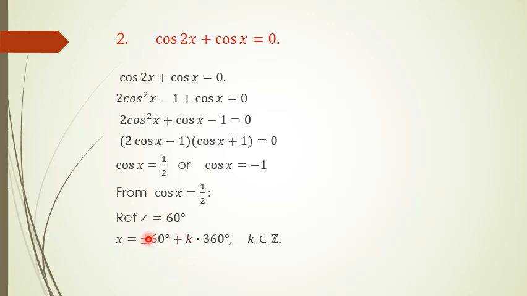Then the solution is x equal to plus or minus 60 degrees plus k times 360 degrees, k an integer. Then from the other one, cos x equal to minus 1, we obtain x equal to plus or minus 180 degrees plus k times 360 degrees. Observe that in the interval 0 to 360 degrees, cos x is minus 1 at only one value, which is 180 degrees.